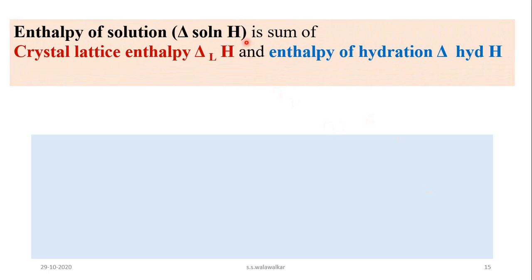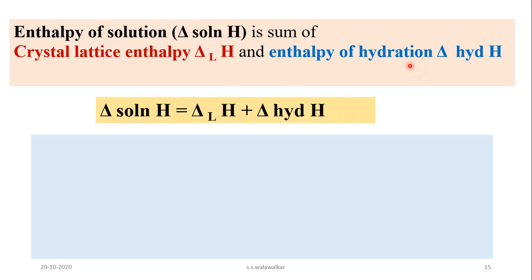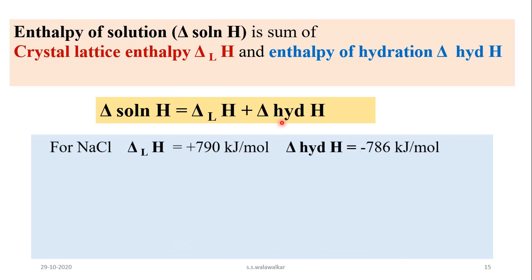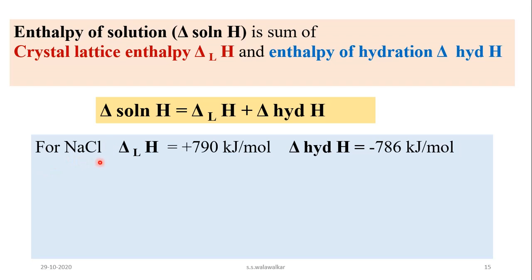So enthalpy of solution is a sum of crystal lattice enthalpy and enthalpy of hydration. So enthalpy of solution is equal to crystal lattice enthalpy plus enthalpy of hydration. For example, for sodium chloride, crystal lattice enthalpy is plus 790 kilojoules, and hydration enthalpy is minus 786 kilojoules per mole.